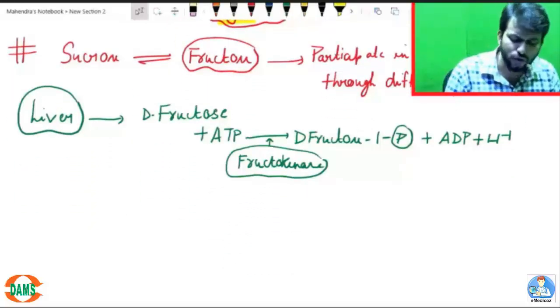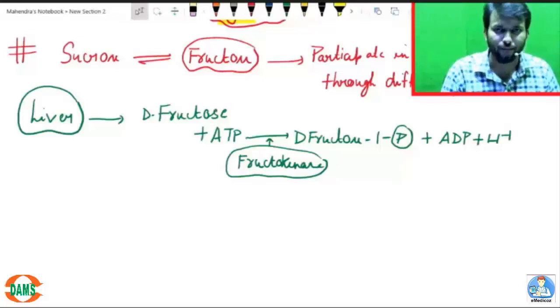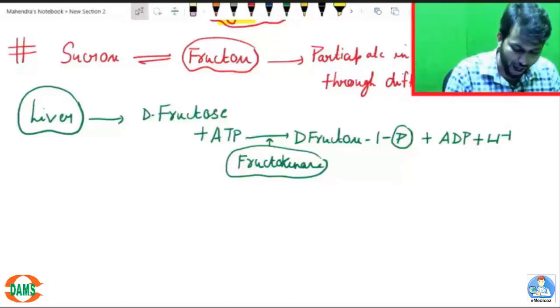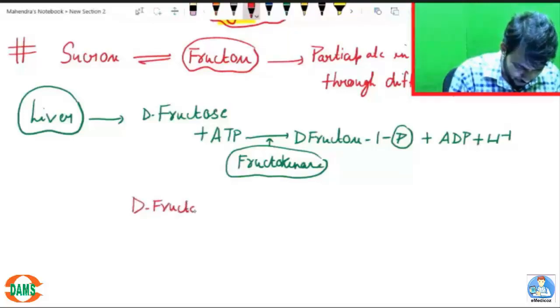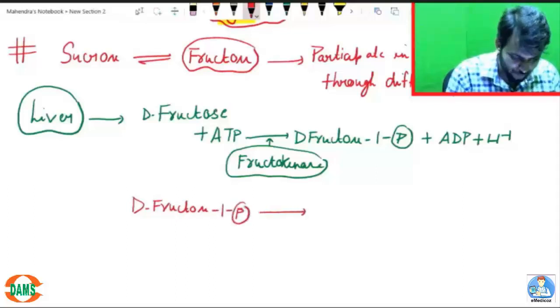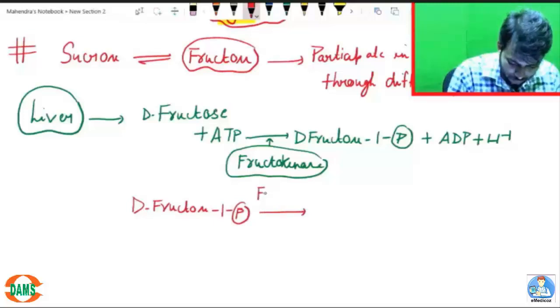When D-fructose 1-phosphate is formed, there is another enzyme which is going to act, known as fructose 1-phosphate aldolase.